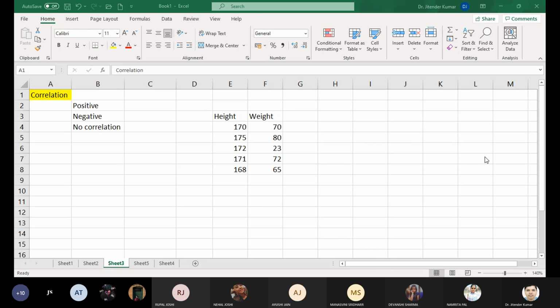Yes, sir. So have you heard about this term correlation? Yes. So tell me, what do you understand by correlation? I'm not talking about the statistical definition. Any definition that you know about what correlation basically tells us?